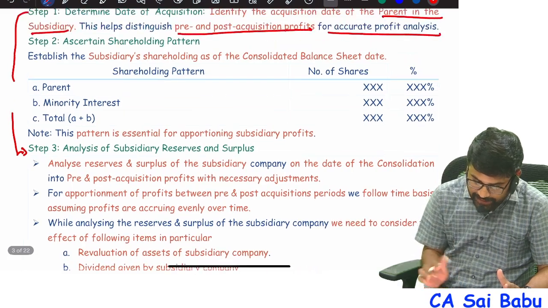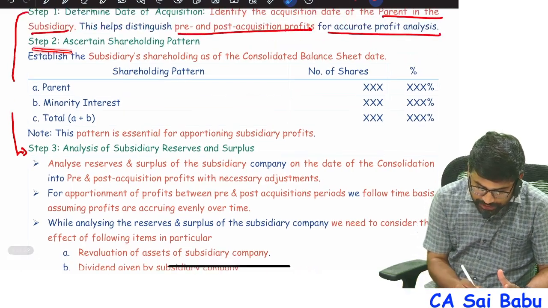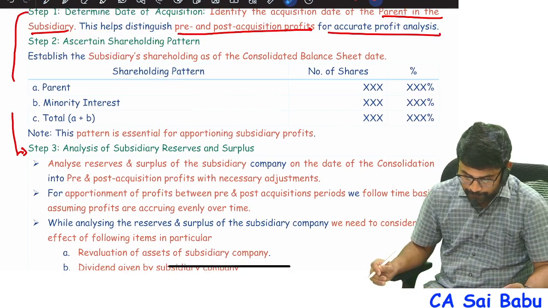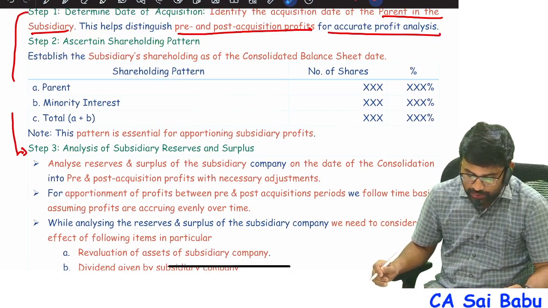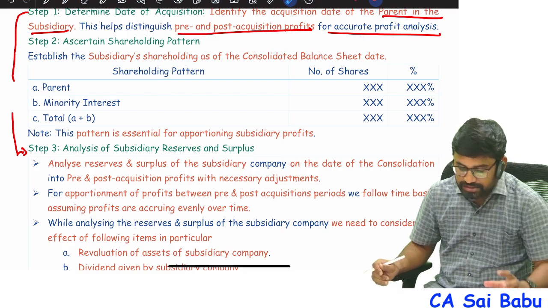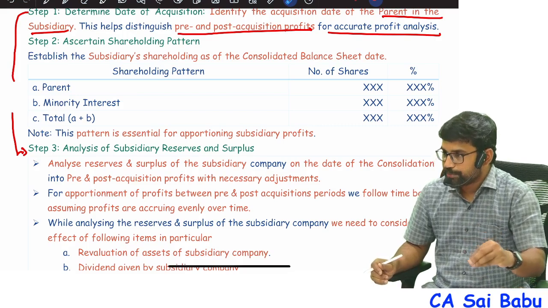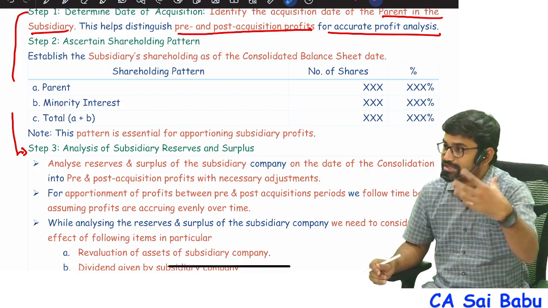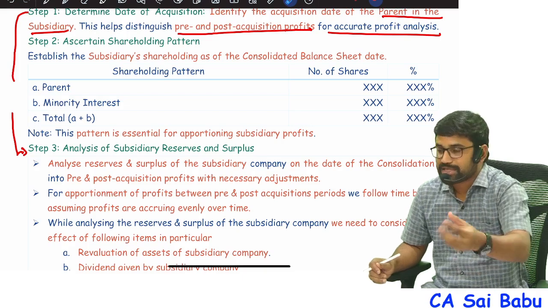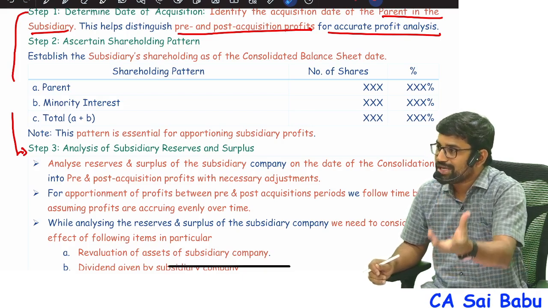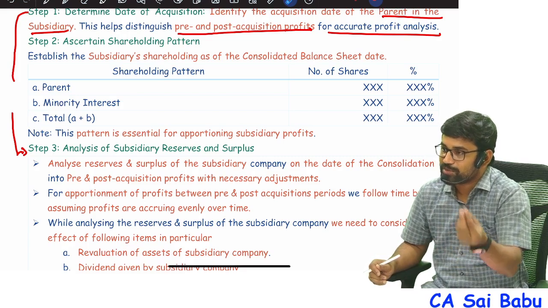So this is the first step. Second step, sir, ascertain the shareholding pattern. That is, on the date of consolidation in the subsidiary company, who is having how much share? Parent company is having how much share? Minority interest, other shareholders is having how much share, we need to determine.